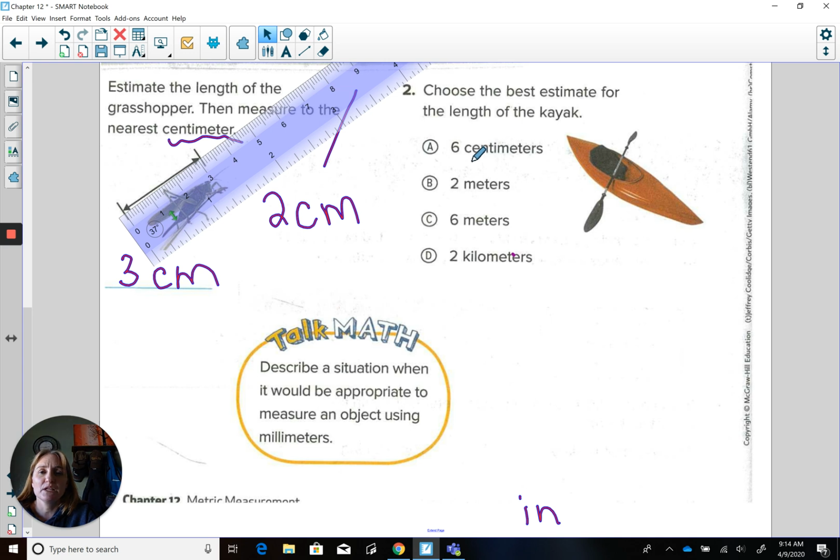We would be looking at meters, maybe. I know that 1 meter is the height of a chair.